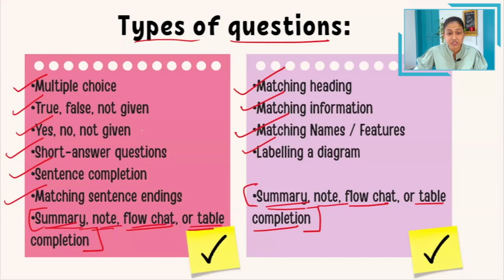You see, they are written on both the sides. Why are these questions divided in two parts? So, I leave you with these two questions right now. I want you to think about it, ponder over it if you can. Meanwhile, we'll just look at the sample question paper for academic and for general training.